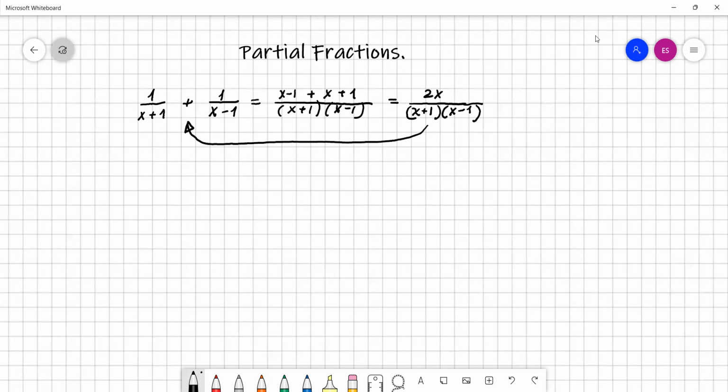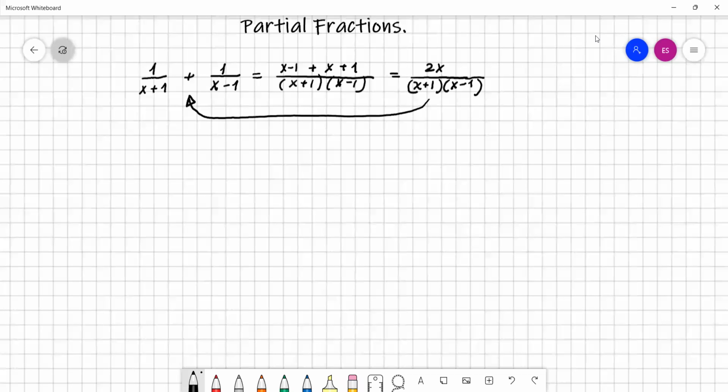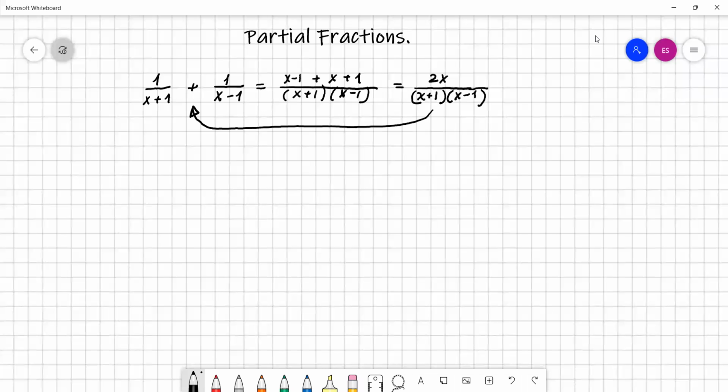How are we actually planning to go back here? Well, we are going to use the so-called method of undetermined coefficients.